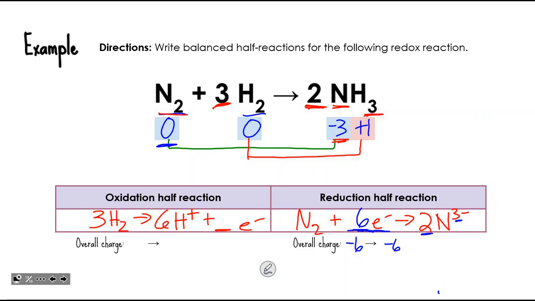Now the hydrogen, regular hydrogen is just 0, so that's 0 right here. So how many electrons do we add in to make the +6 H's equal 0? It's going to also be a 6. So you can see the charges are equal on both sides of the half reactions, like so.